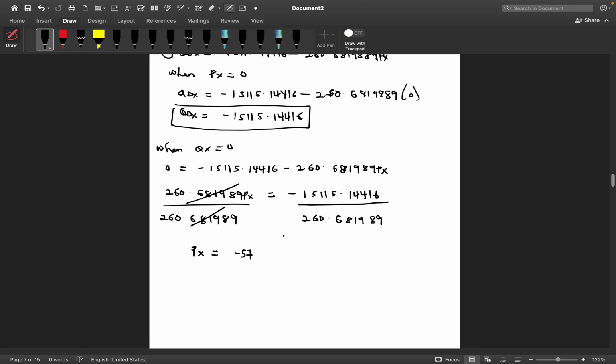Minus 57.98307.825, which is approximately minus 57.98.